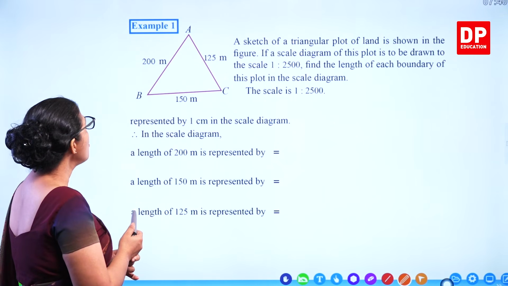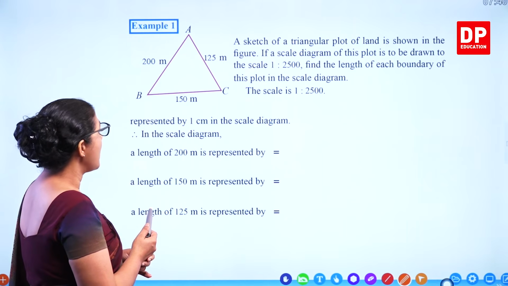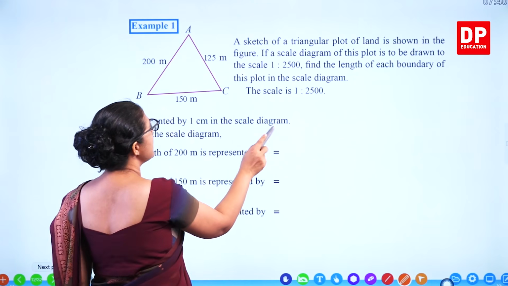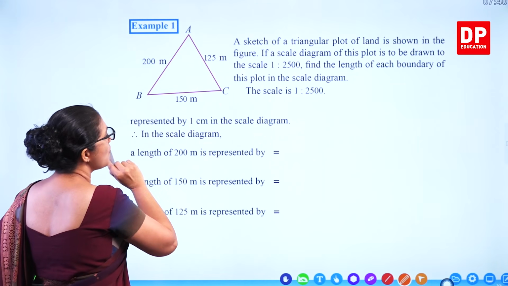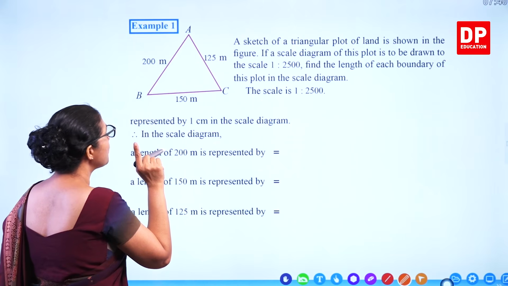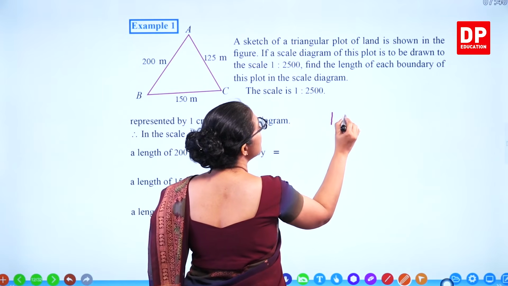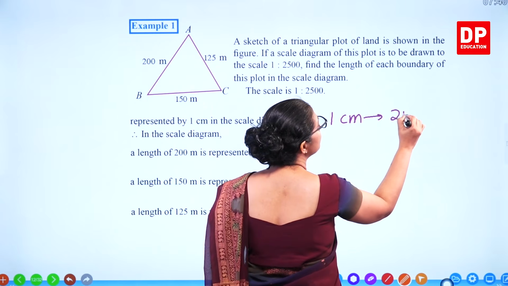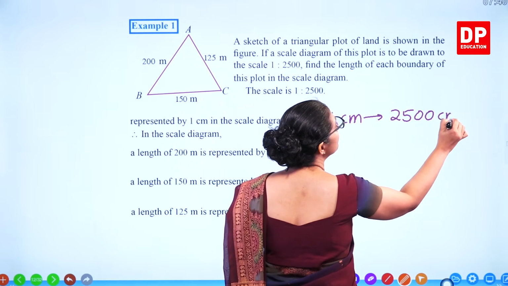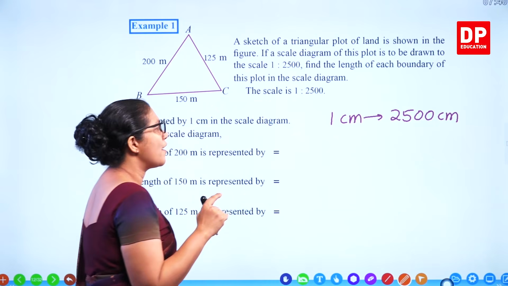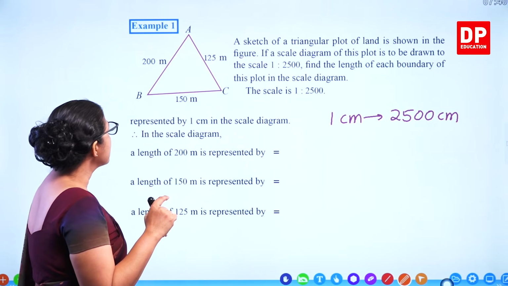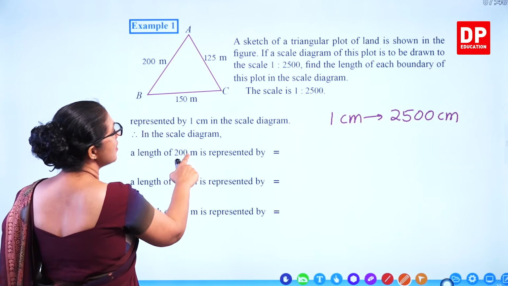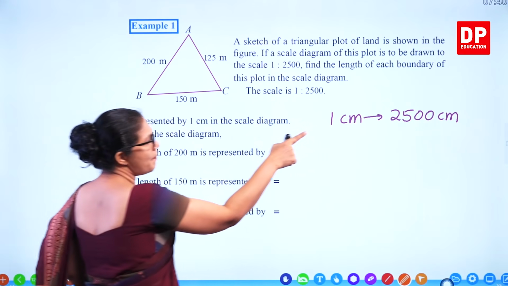So 1 to 2500, what does it mean? 1 centimeter in the scale diagram shows 2500 centimeters. So I'll convert to meters first.